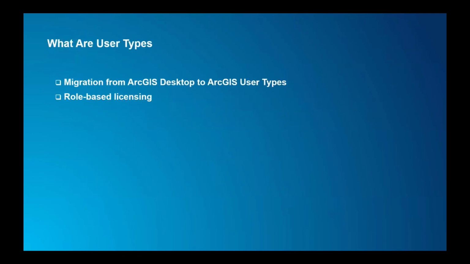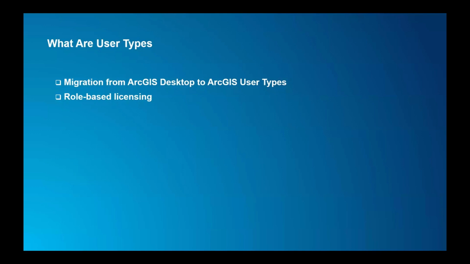So the migration that we're speaking of really is migrating to ArcGIS Pro, which is now a part of what Esri calls the user type licenses. So the migration really is from ArcGIS Desktop, as I mentioned in the first quarter, that there's a limited window that customers have with ArcMap because of the retirement of ArcMap, and the support that will be provided by Esri is in retirement.